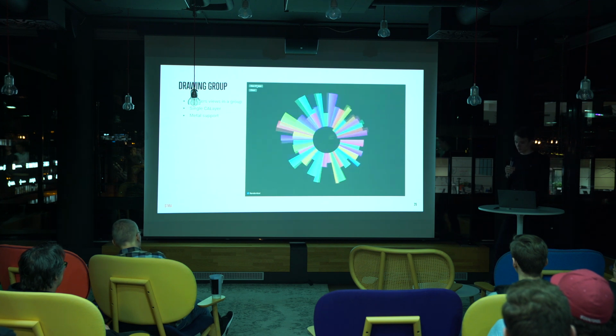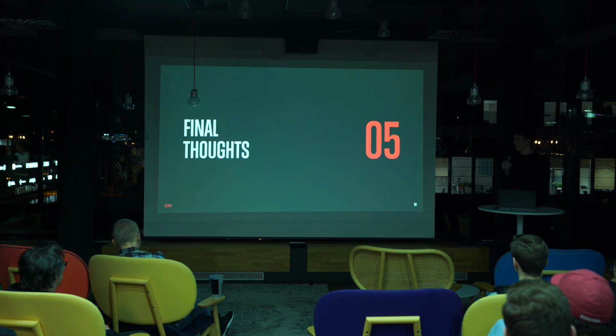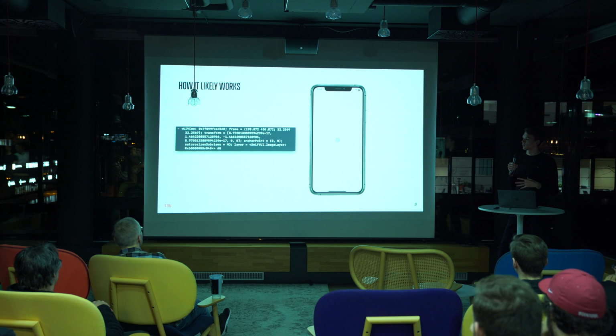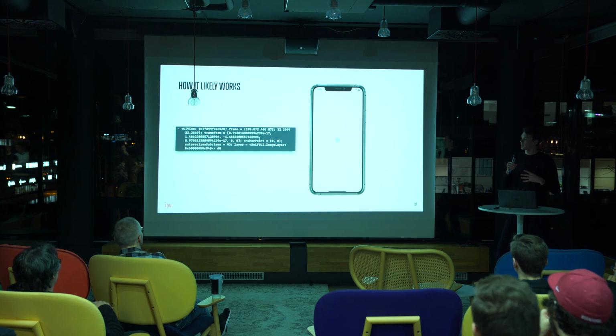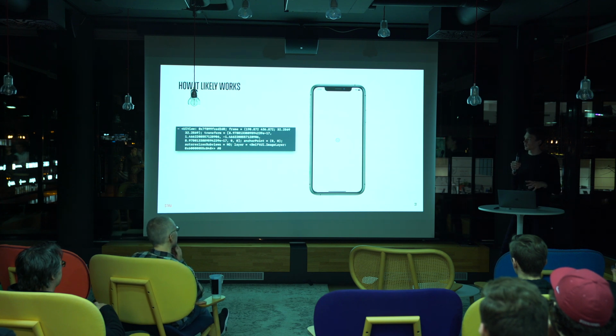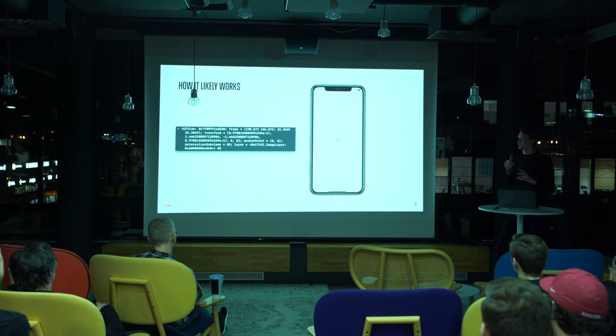All right, so some final thoughts. I was very curious how it actually works, and I was able to get some info, but not all the info. I was examining the SwiftUI view, and it's actually backed by a UIView on iOS. The most interesting property there is the layer.